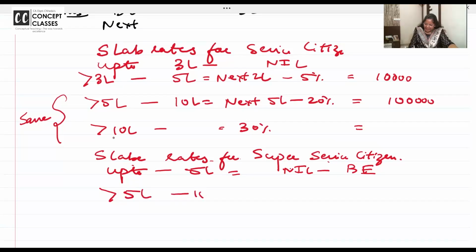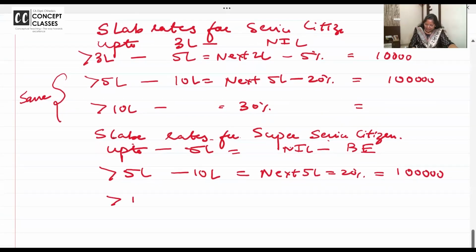Greater than 5 lakh to 10 lakh. Now no 5%. Ma'am, where is 5%? 5% vanished. Directly 20% on the next 5 lakh. Next 5 lakh, 20%, that is 1 lakh. And above 10 lakhs, it is 30%. Absolutely clear to all of you?